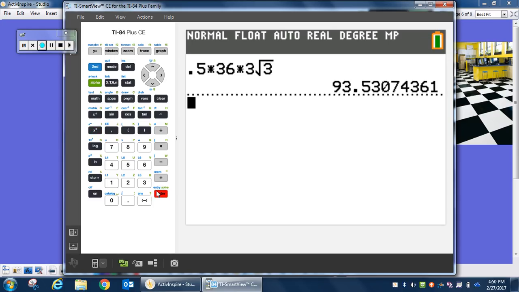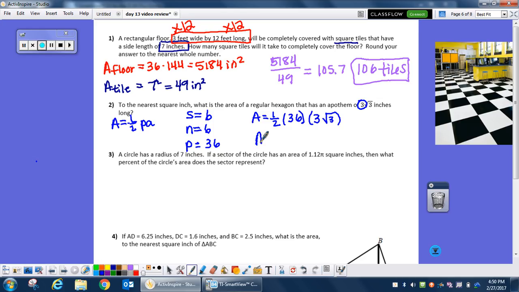And we're rounding our answer to the nearest square unit, so that would be 94. And it would be inches squared. Okay?